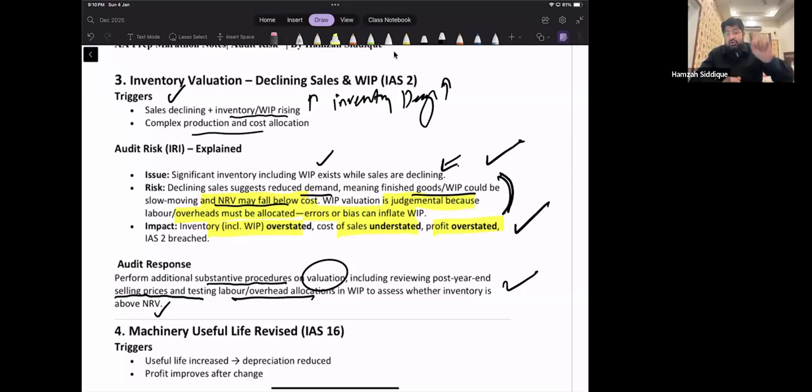Assess, not verify, to assess above or below. So it is verifying that inventory is recorded properly. Again, it is the direction of audit work that you perform these substantive tests on these areas.